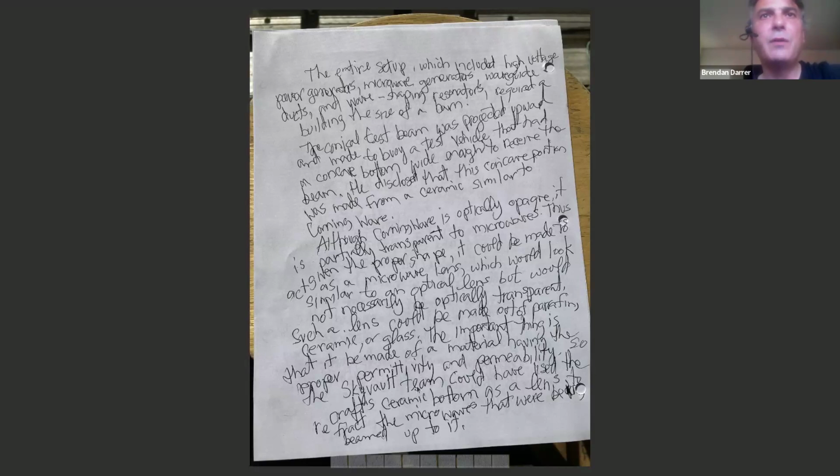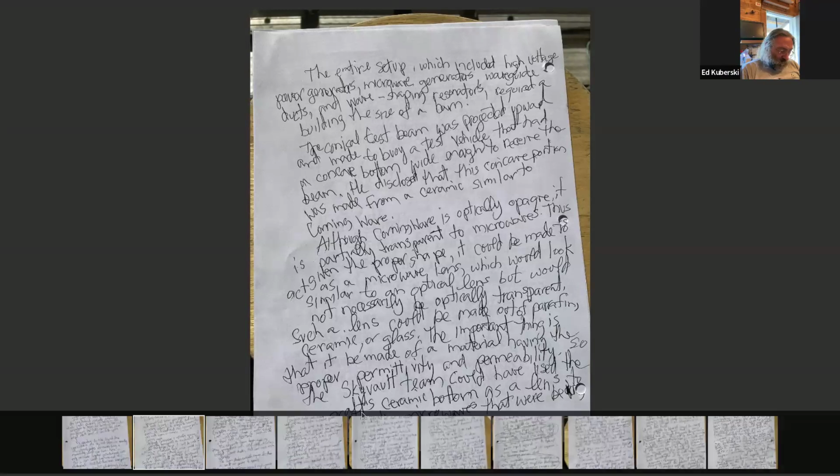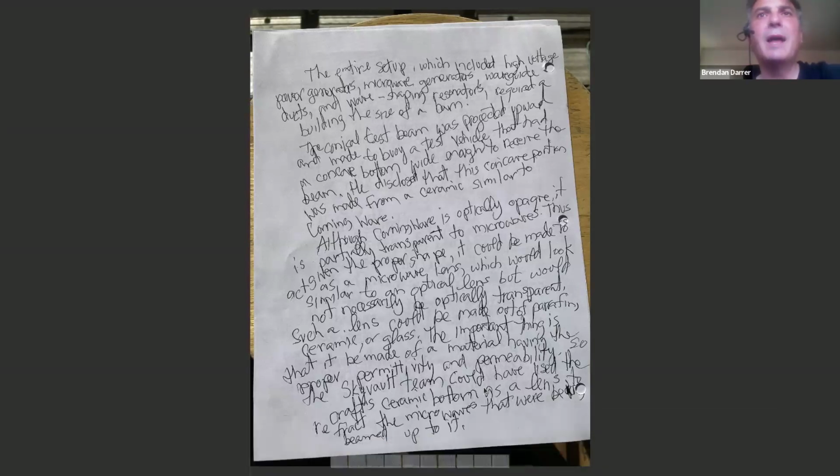So the Skyvault team could have used the craft's ceramic bottom as a lens to refract the microwaves that were being beamed up to it.